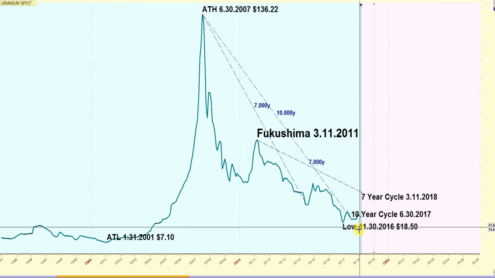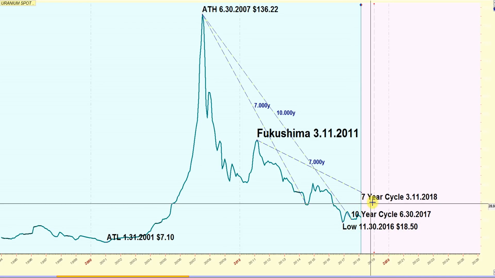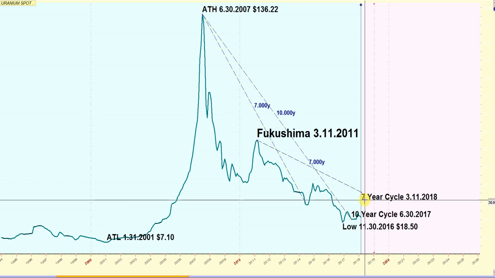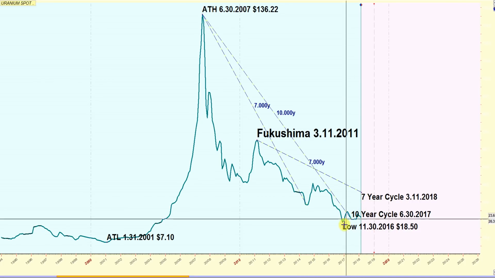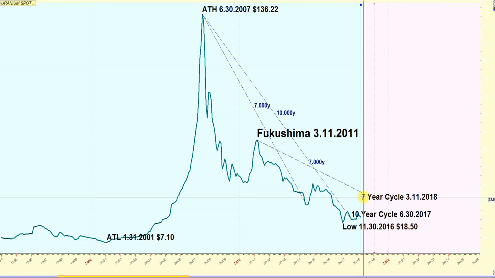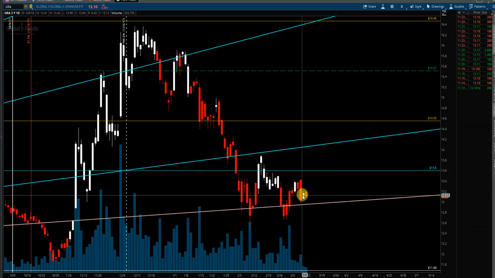Timing of the cycles is going to bring the change. And it could be possible that this 7-year cycle that just kicked in could bring this change. 10 and 7. But it remains to be seen. So what do you got to do? You just got to watch price.